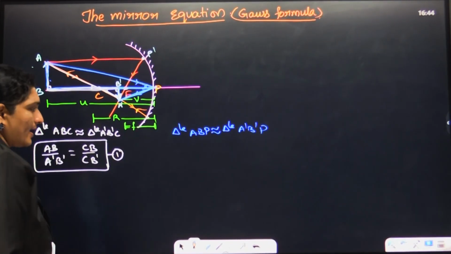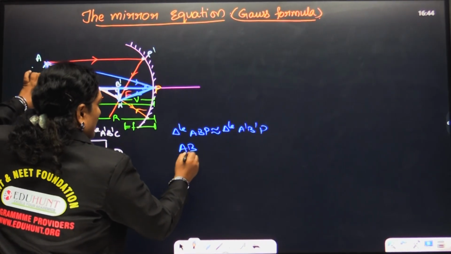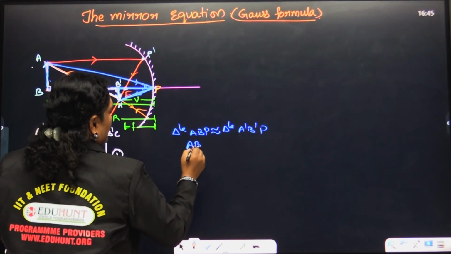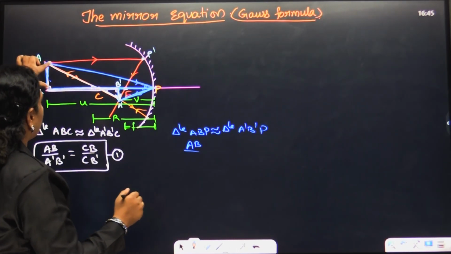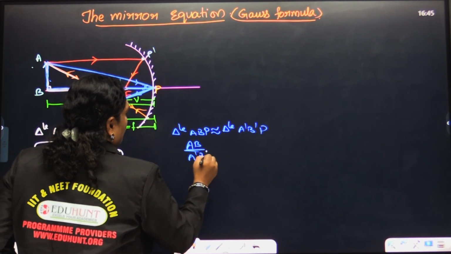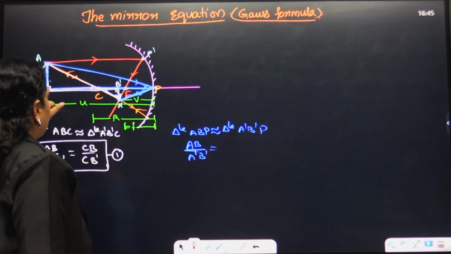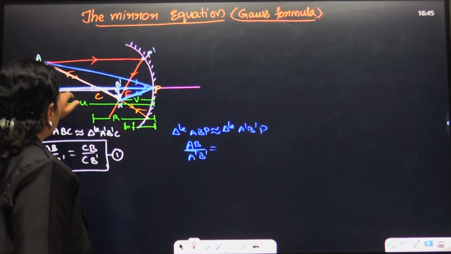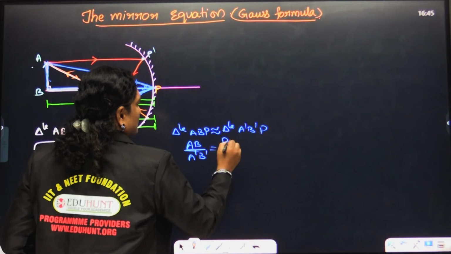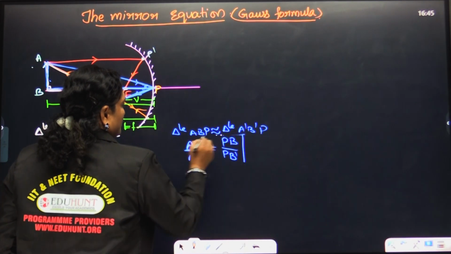So, from these 2 triangles, we can conclude that AB upon A dash B dash, AB from the bigger triangle, A dash B dash from the smaller triangle, must be equal to the other part, from here on the principal axis. This total length is taken as PB and this total length is taken as PB dash.